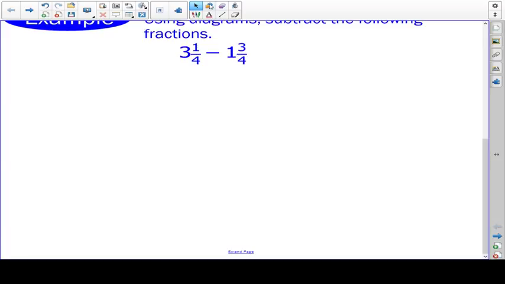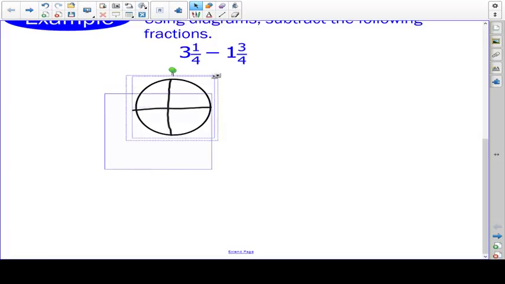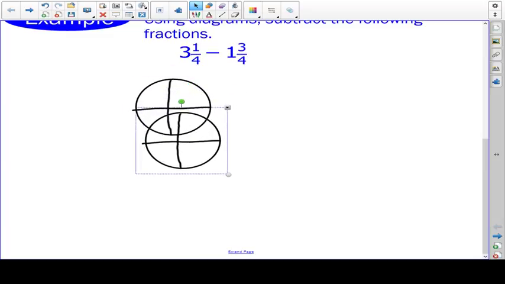Quarters are nice, so I'll handle this using circles. I'm going to group this together, and then I'm going to clone it. So there's another one.